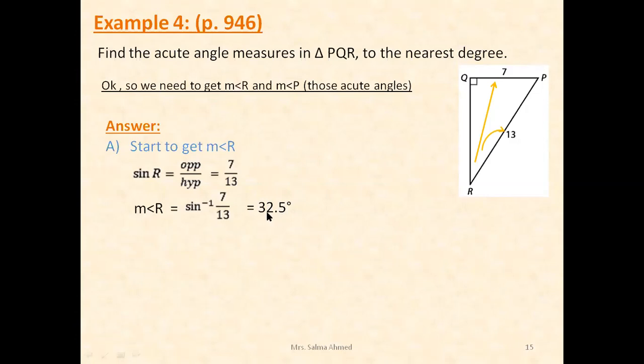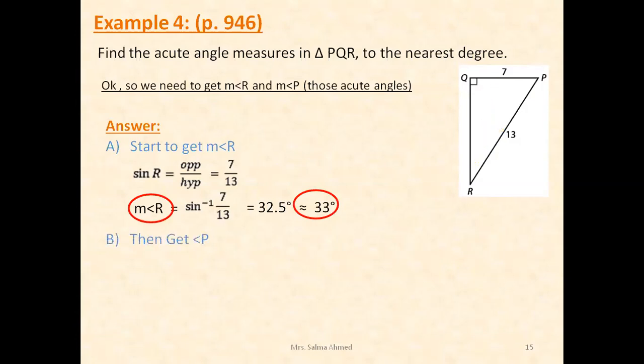Will it push the 2 before the decimal or not? Yes, it will push it because it is strong, so it will be approximately 33 degrees. We need the angles to the nearest degree, which means we don't need any decimal in the angles. So the measure of angle R is equal to 33 degrees.